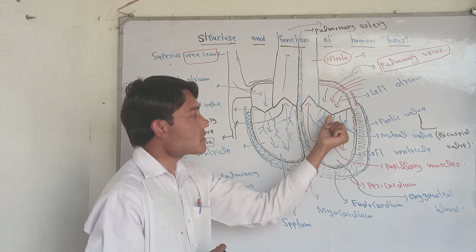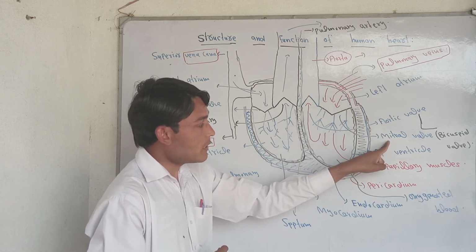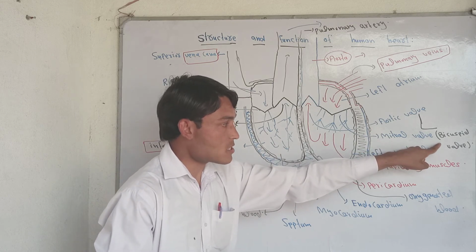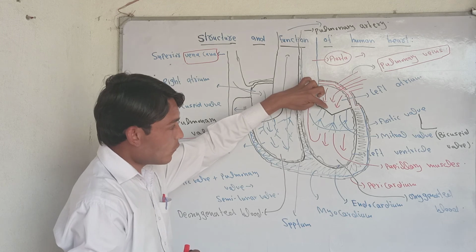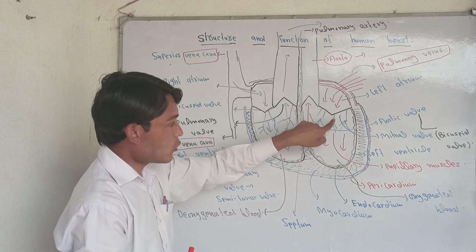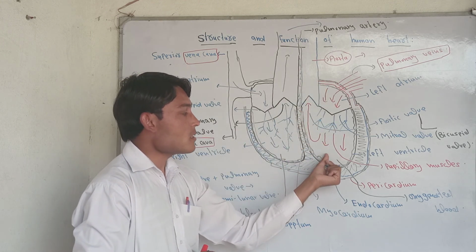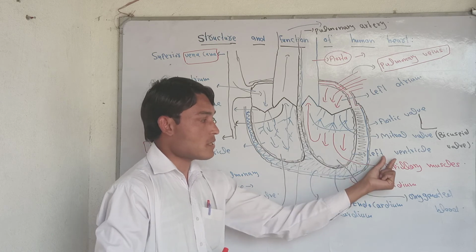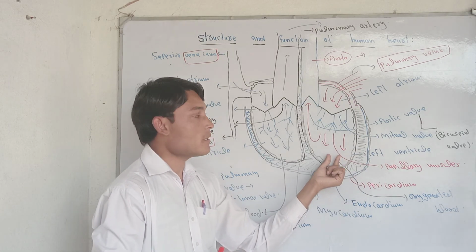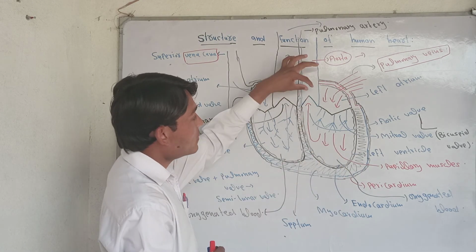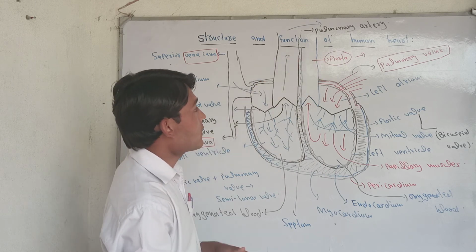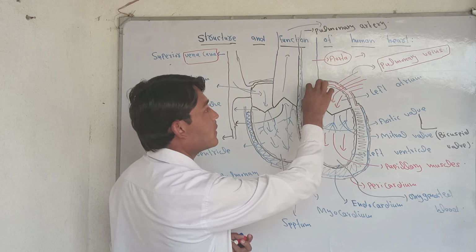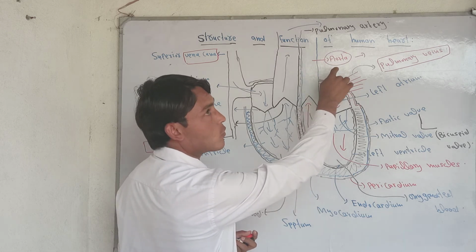There is a valve called the mitral valve, also called the bicuspid valve. When the bicuspid valve opens, the blood is received by the left ventricle, and it is oxygenated blood. Then when it contracts, the aortic valve opens, and the oxygenated blood moves toward the aorta.